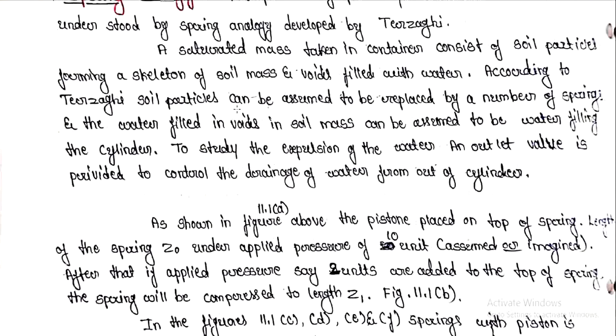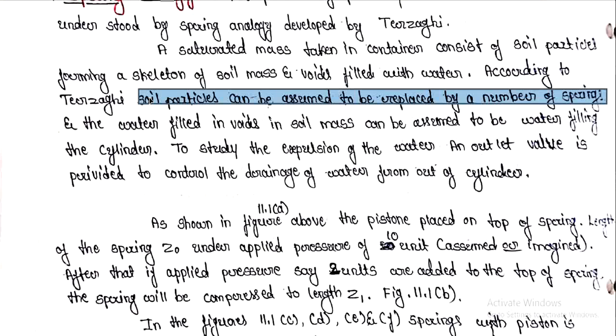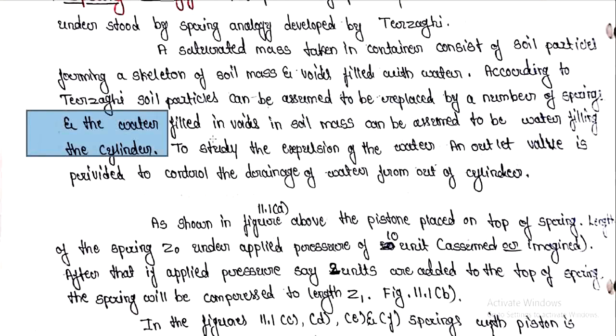You can see in detail, soil particles can be assumed to be replaced by a number of springs. He has considered the soil particles as springs, and the water filled in the voids in the soil mass can be assumed as water filled in the cylinder.